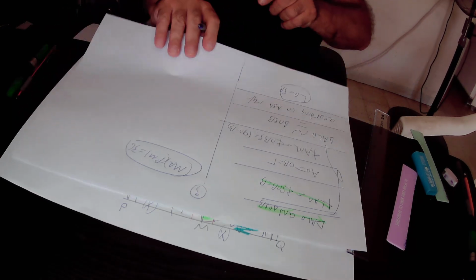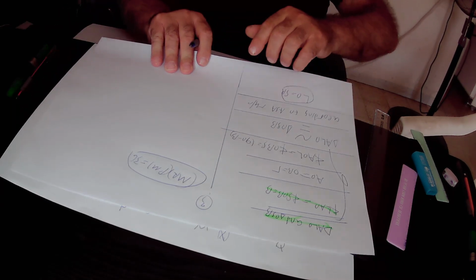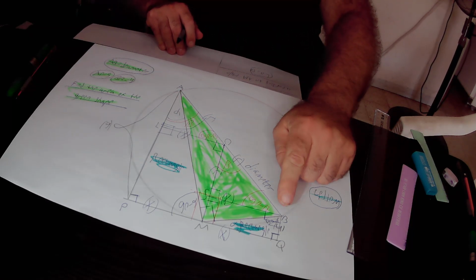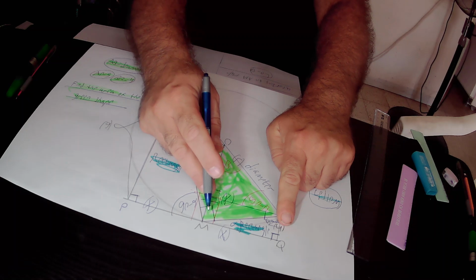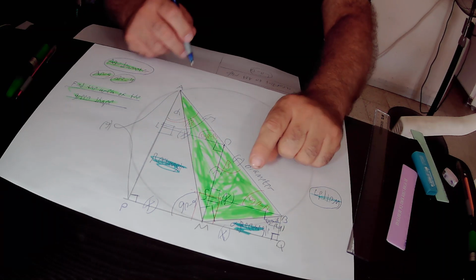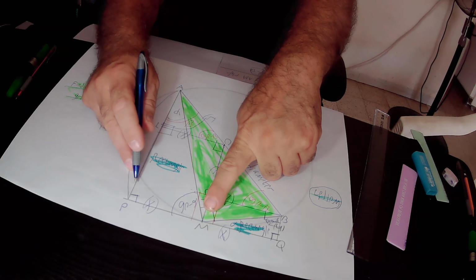Okay, again, MQ times PM equals 36. MQ is x times PM. PM is also x.